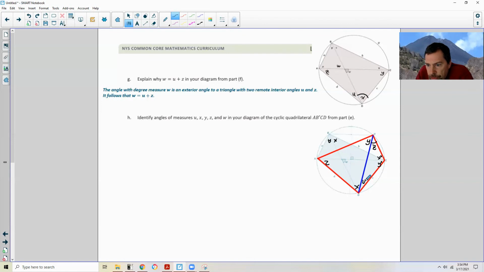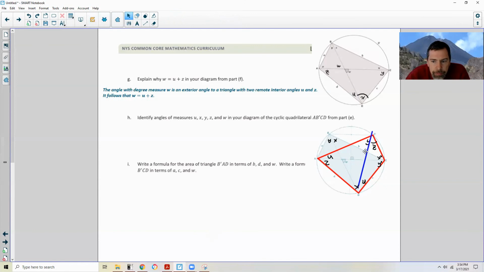So this is U, and that intercepts arc B prime C. So B prime AC also intercepts it. So this is U. So we have UZ here. We have YX here. That was from here. This is YZ. This is XY. And that's XU. Okay, that was tricky.